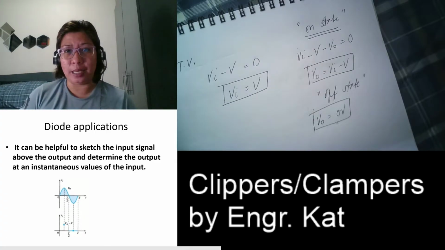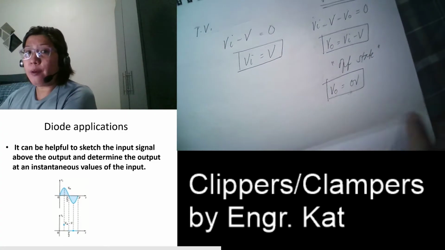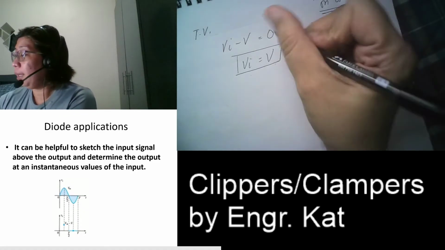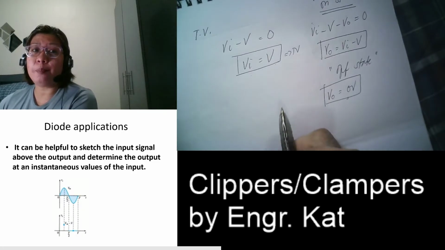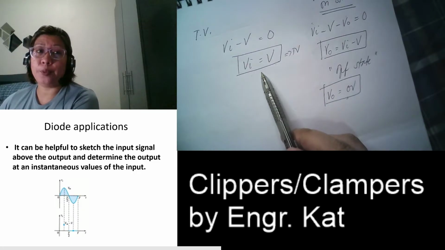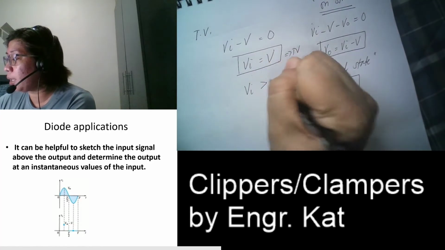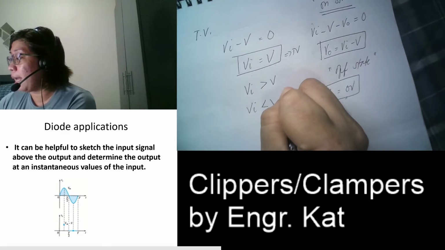Let us analyze again using this transition voltage. Every time that your VI is equal to V, that is your transition voltage. What will happen when your VI is greater than V? And when your VI is less than V?